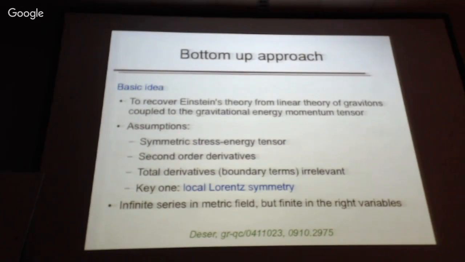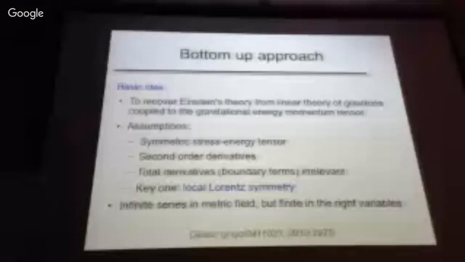And the assumption is that the stress energy tensor is symmetric. Another assumption is that we only have second order derivatives in the construction. We don't care about total derivatives in the action. They are boundary terms. And a key assumption is that we get local Lorentz invariance.